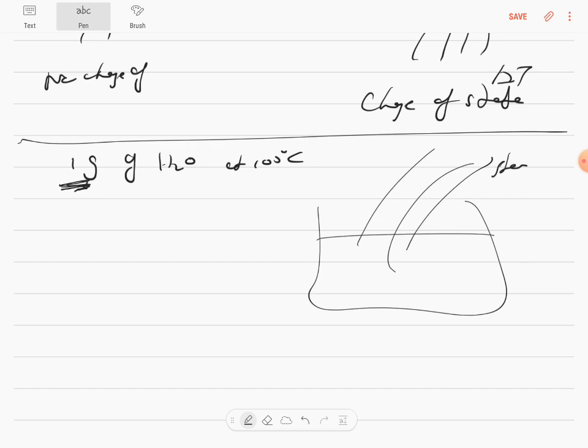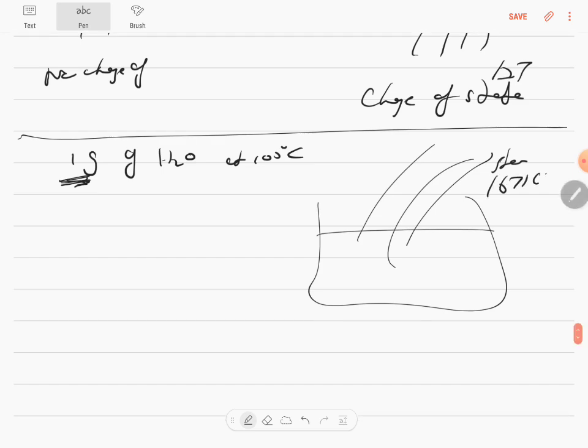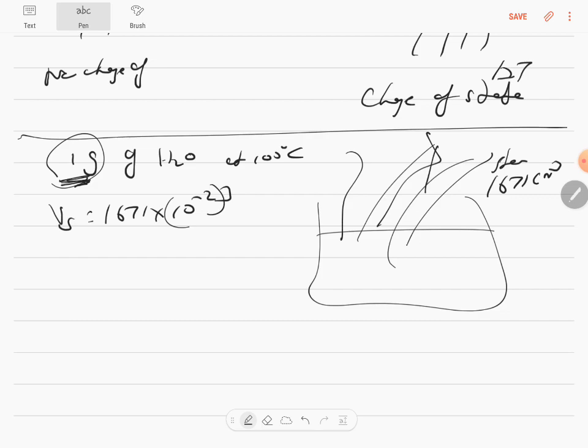The volume of the steam is 1671 centimeter cube, which is 1671 into 10 to the power minus 2 the whole cube. That is the volume of the steam. Now, what was the volume of the water initially? It is 1 gram. Let's convert and find the volume.